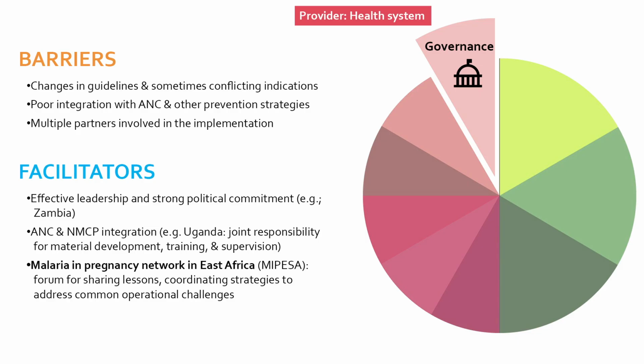In terms of facilitators, effective leadership and strong political commitment, which we've seen in Zambia, and which is key, a good integration between the ANC and the malaria programs, and initiatives like MIPESA, the Malaria and Pregnancy Network in East Africa, where program managers get together and share strategies and ideas to improve.